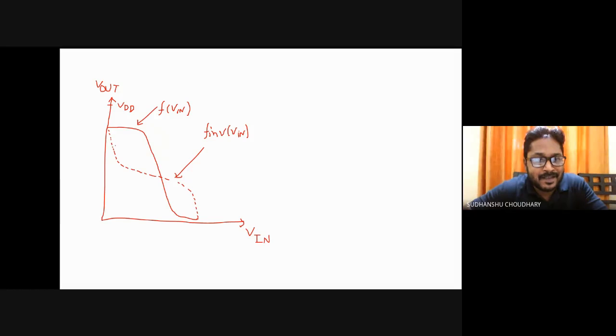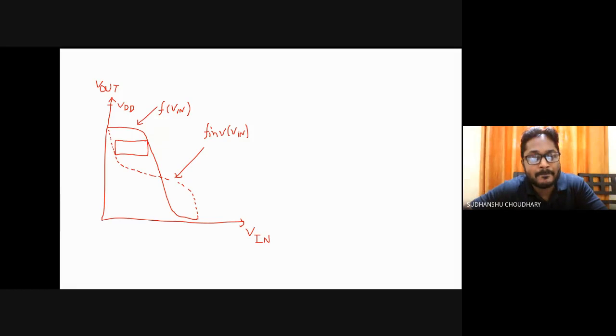The other method says that you need to draw the largest possible rectangle in this area. Let's say I start from here, and this is my largest possible rectangle.